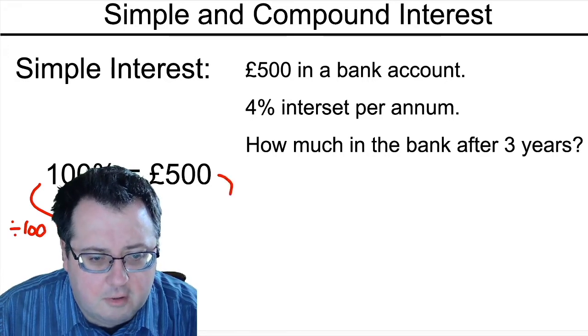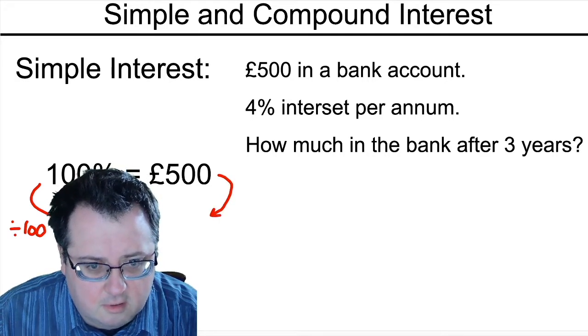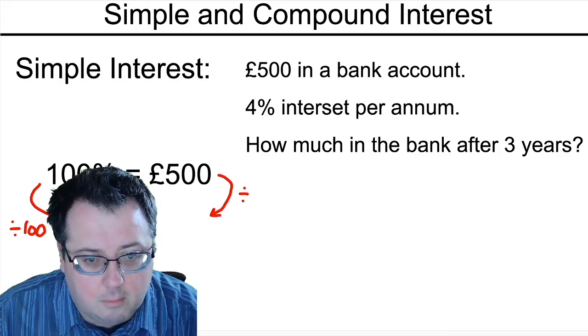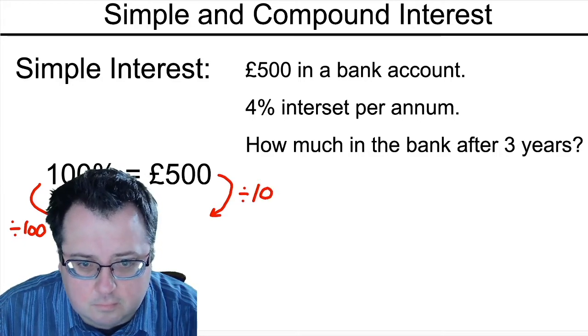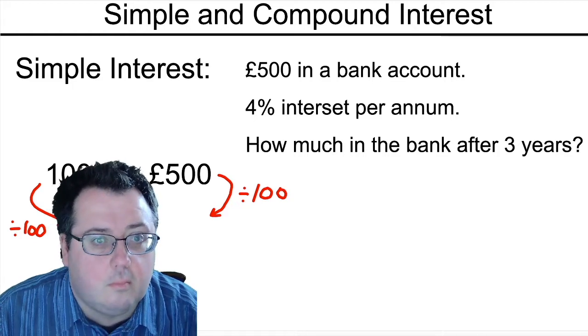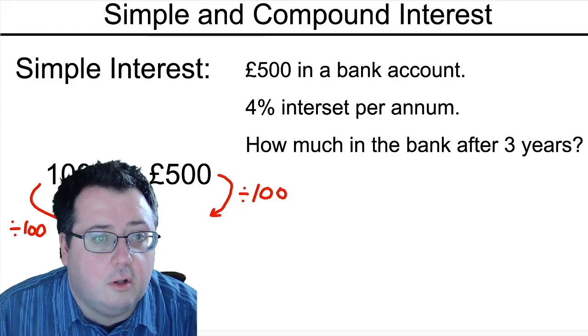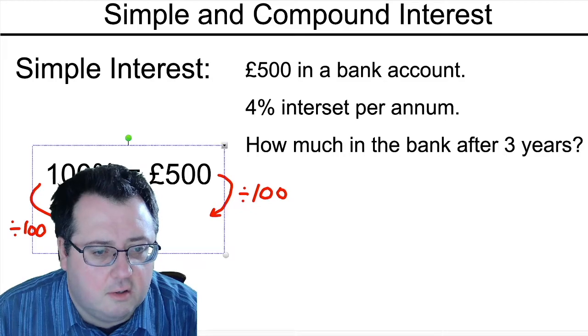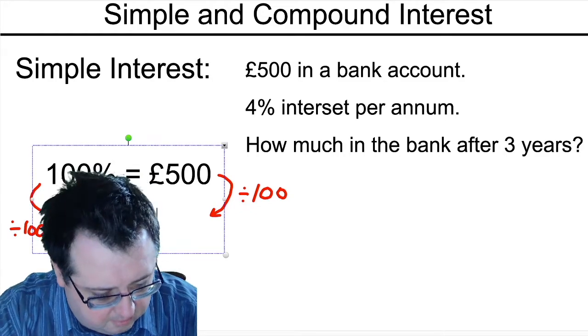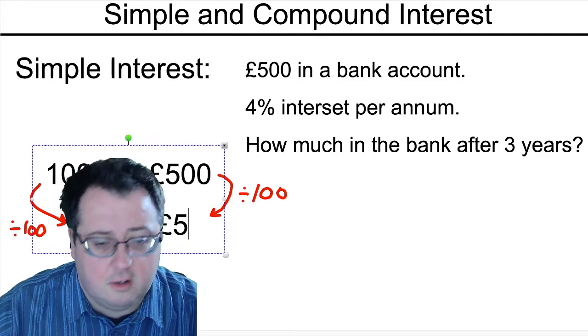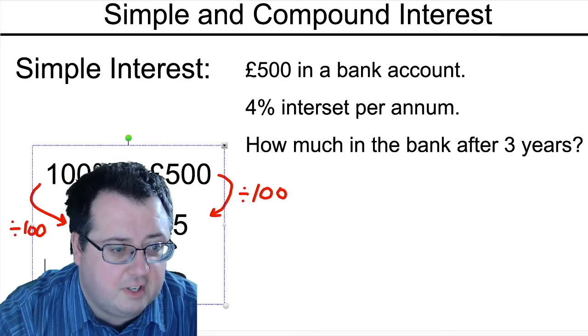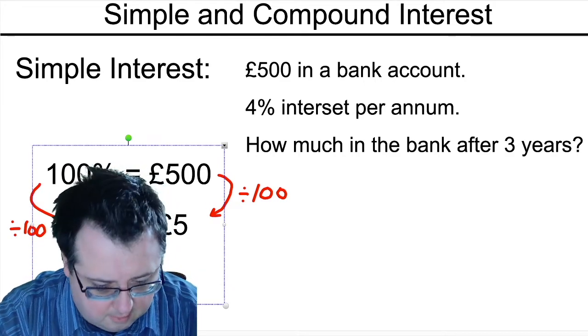And we do that on both sides. Divide by 100. That will give us £5.